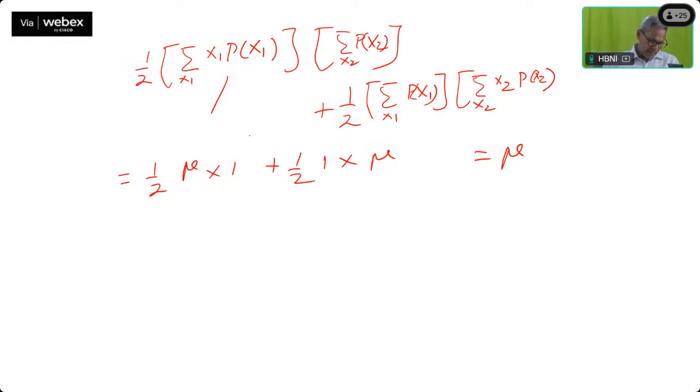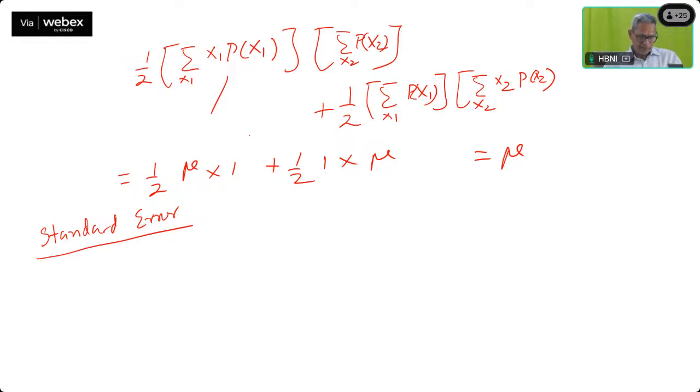It has got a special name, standard error. The standard deviation of an average is called standard error.